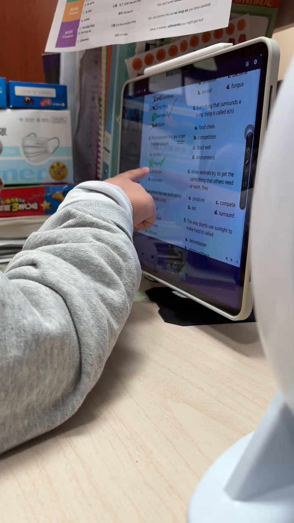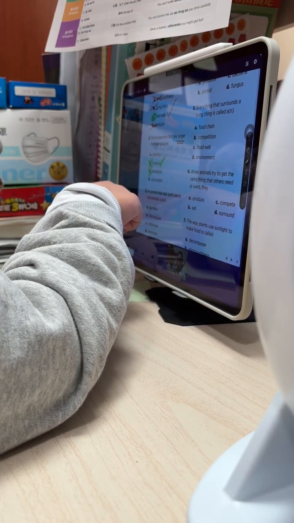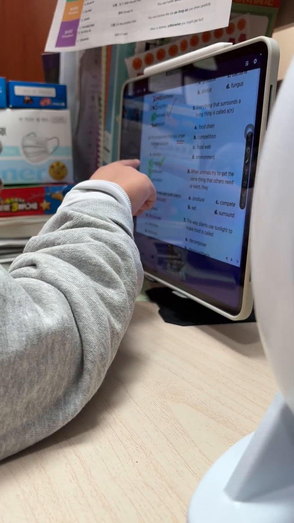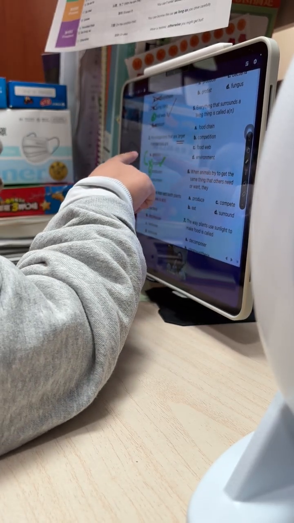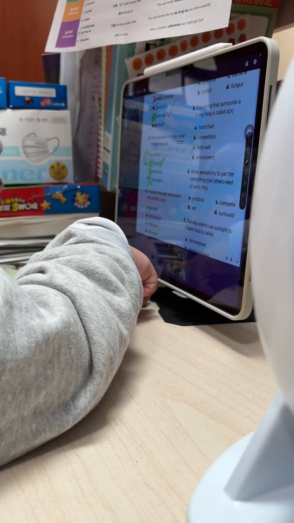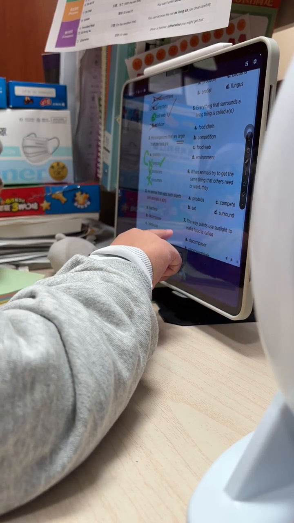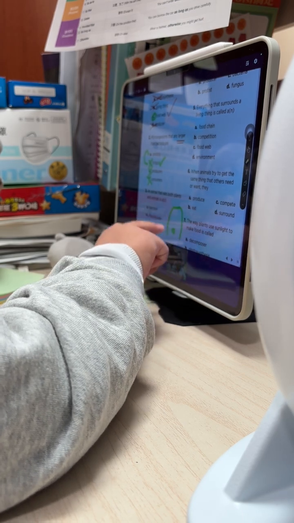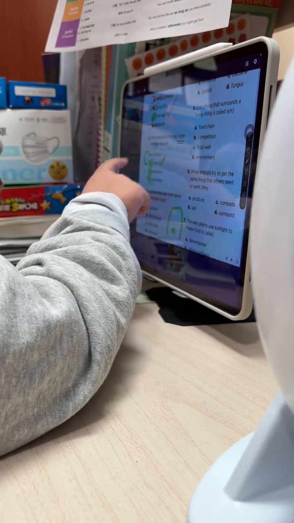So it's either fungus or protist. But like a fungus, yeah, they are pretty small sometimes, but they can also be pretty big, so it's not a fungus, it's a protist.